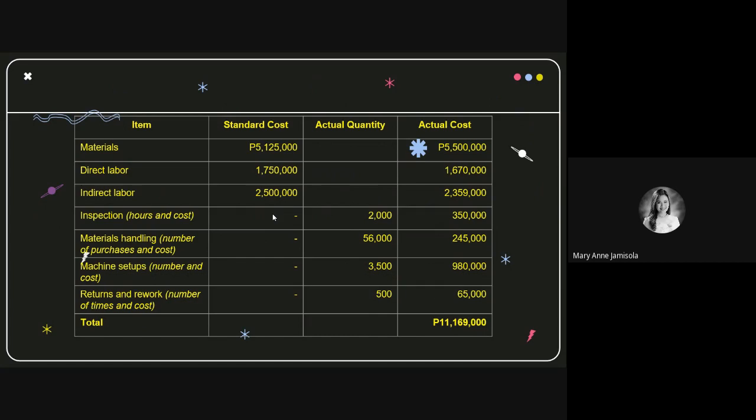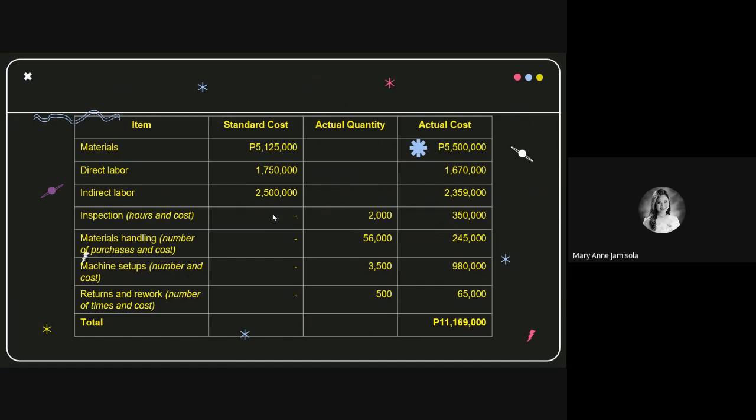Total cost for that is 350,000. Then materials handling, number of purchases is 56,000. Then the cost is 245,000. Machine setups, there are 3,500 setups with a total cost of 980,000. Then returns and rework, number of times 500 times, with a total cost of 65,000.